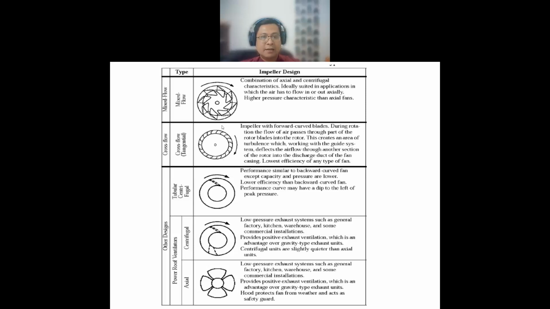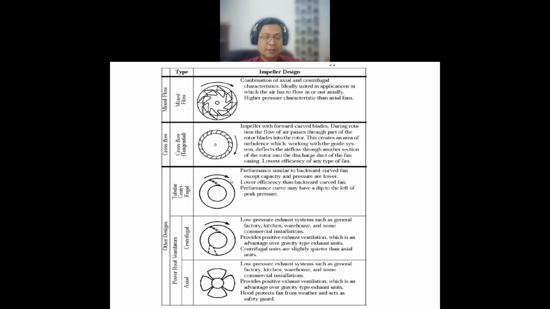That means the efficiency will be low. So maybe it is not for high speed of flow needed, and maybe we can use this type.